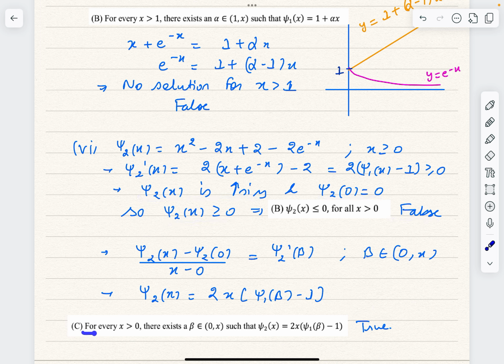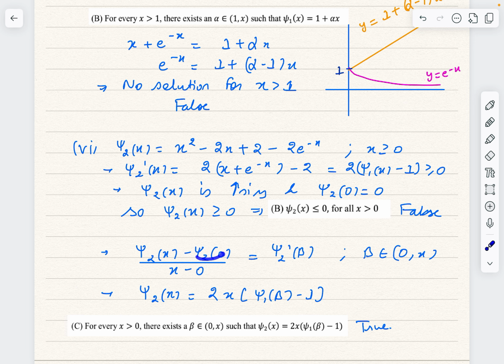Next, they are saying for every x greater than 0, there exists a beta in 0 to x such that phi 2x is equal to 2x times (phi 1 beta minus 1). These kinds of problems are usually based upon LMVT, the Lagrange mean value theorem. So for this beta in 0 to x, we use LMVT from 0 to x. So (phi 2x minus phi 2 0) by (x minus 0) will be phi 2 dash beta, where beta belongs to 0 to x.